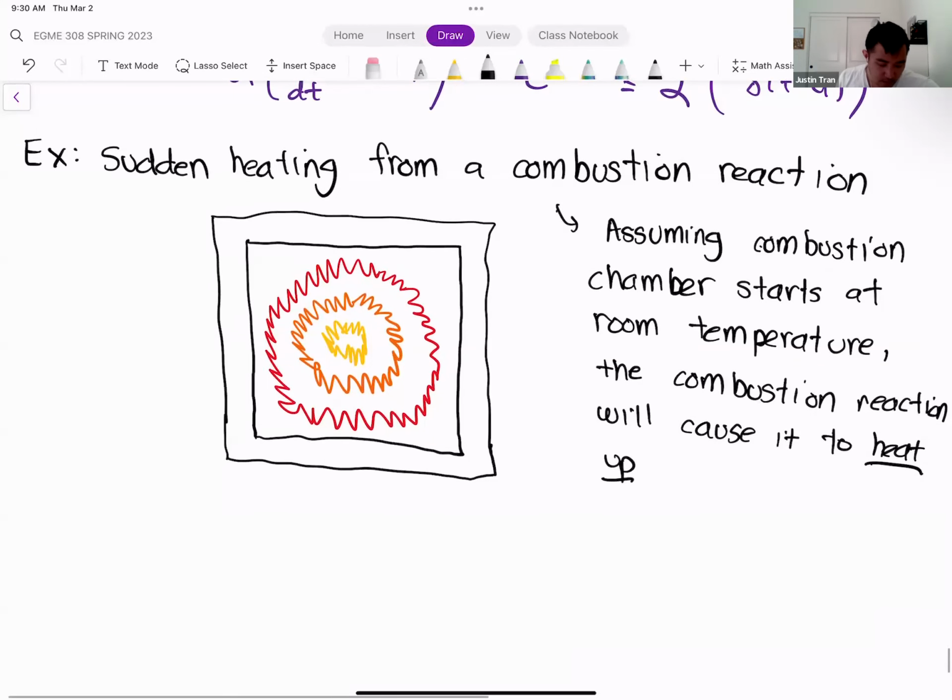One other thing that we'll need for this system is some place for the heat to go, so we're going to use convection cooling on the outside. We're going to assume that we have cool air on the outside that's cooling this chamber.